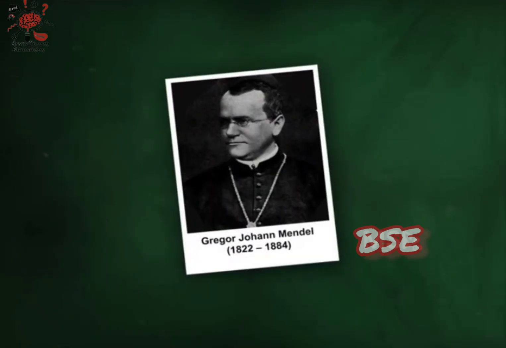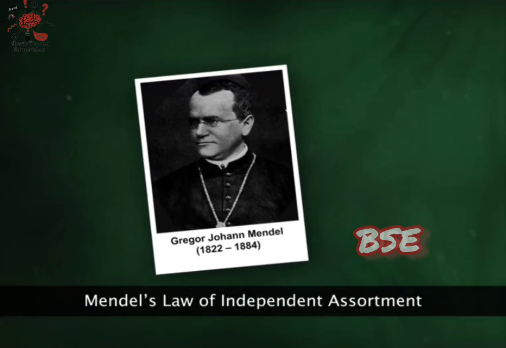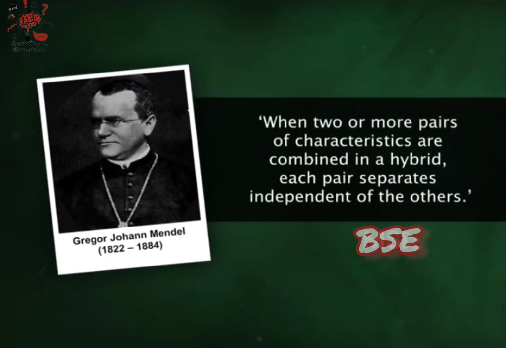On the basis of this dihybrid ratio, Mendel proposed a generalization, which is often referred to as Mendel's law of independent assortment. This law states that when 2 or more pairs of characteristics are combined in a hybrid, each pair separates independent of the others during gamete formation.